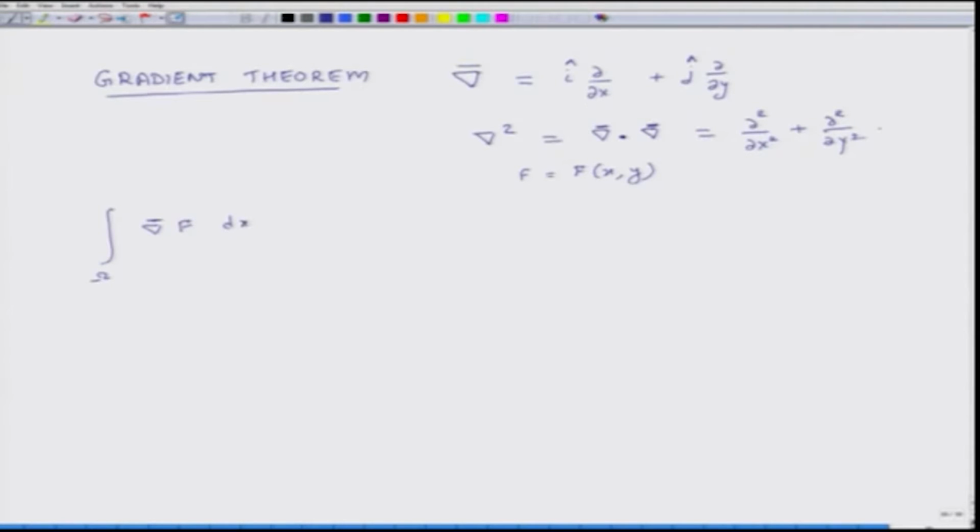Here my domain is dx times dy, because I am doing the integration on a surface. So, if I integrate the gradient of a scalar function on a two-dimensional domain, then this is nothing but a boundary integral, and it is defined as this. So, this is the gradient theorem.